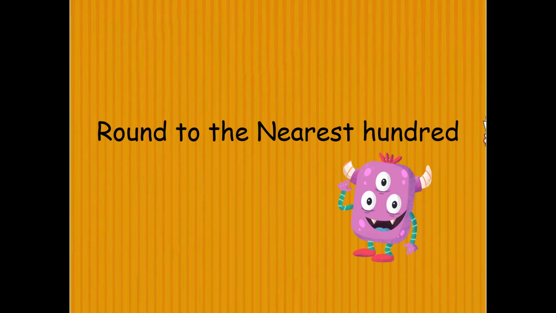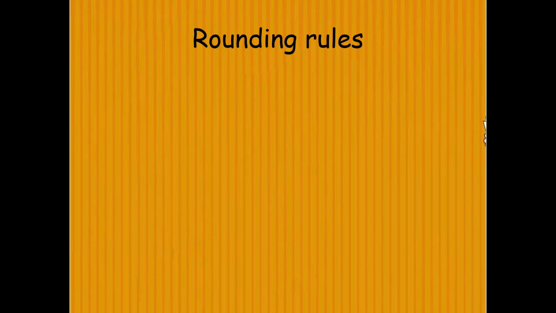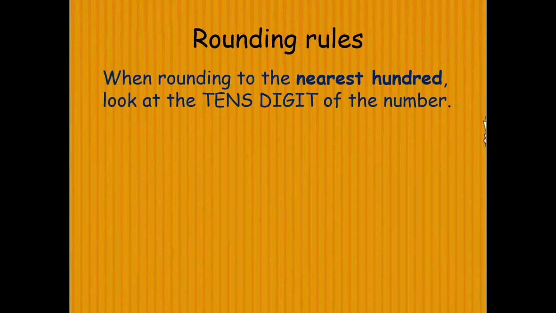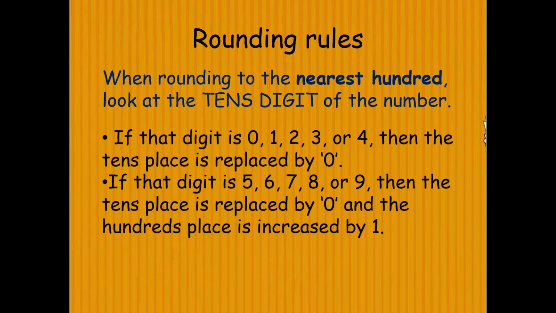This time, let's try rounding off numbers to the nearest 100. Rounding rules. When rounding numbers to the nearest 100, look at the tens digit of the number. If that digit is 0, 1, 2, 3, or 4, then the tens place is replaced by 0.